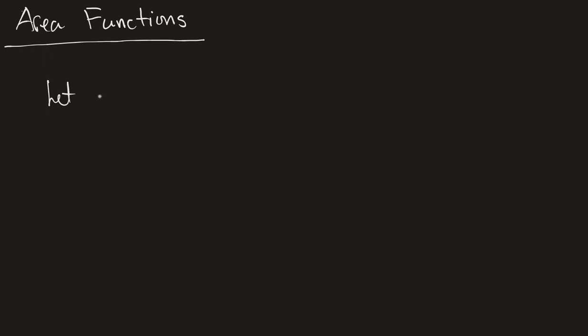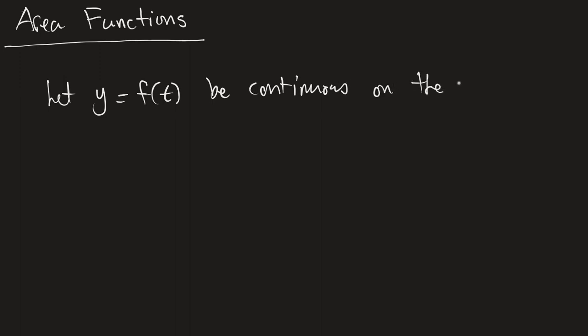So let y equals f of t be continuous on the interval, and let's say the interval, now what I'll do is I'll use the inequality notation for the interval just so that it's clear.